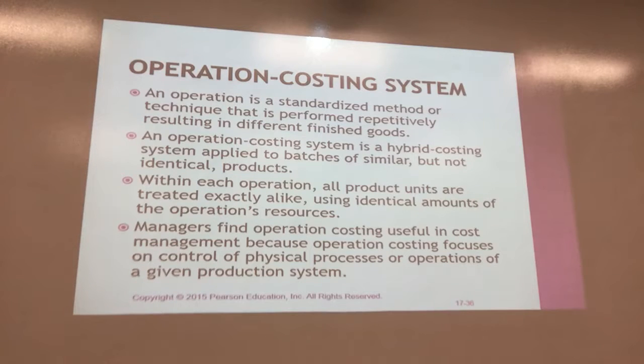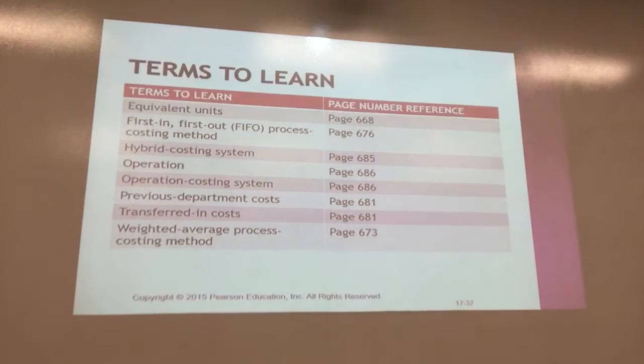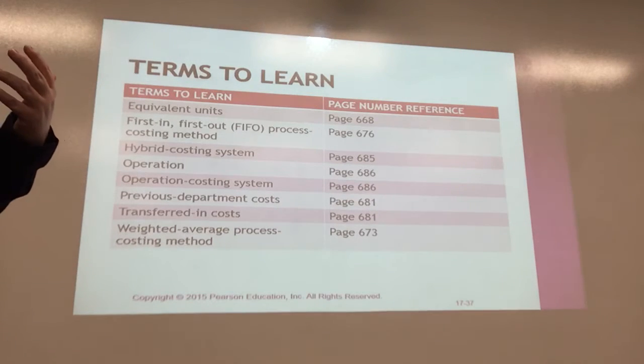Managers find operation costing useful in cost management because it focuses on control of the physical processes or operations of a given production system. All right, so that is process costing and how we deal with it.